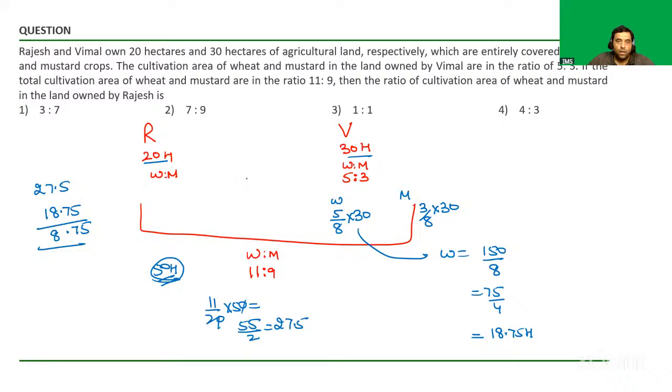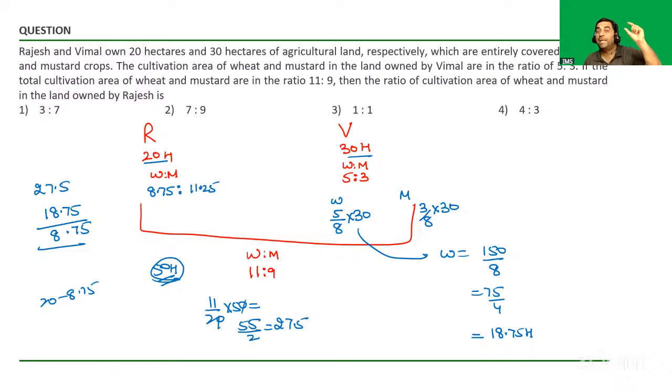So if 8.75 wheat is grown by Rajesh, the remaining is going to be mustard. So mustard is going to be 20 minus 8.75, which comes out to be 11.25.